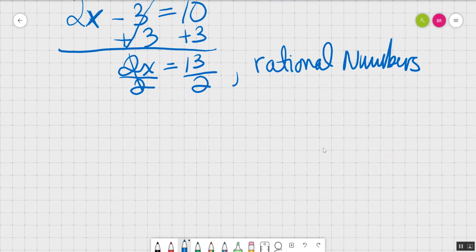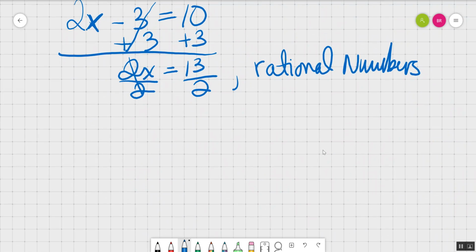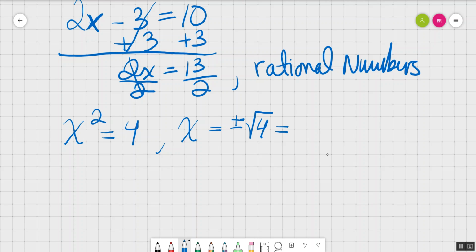There's still other things out there that we need to solve that might not have necessarily a rational solution. So say if you had something like x squared equals 4, we would go ahead and take the square root of both sides and get that x is plus or minus the square root of 4. But we know the square root of 4.